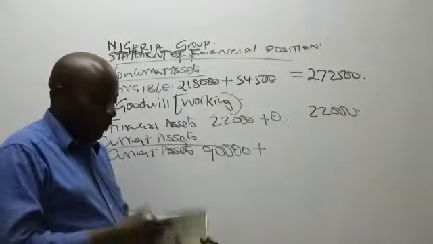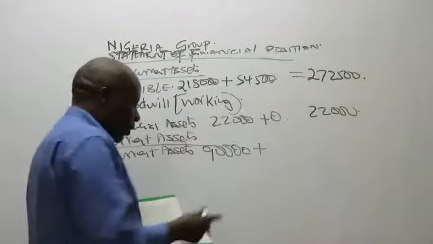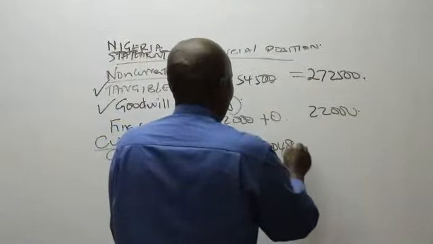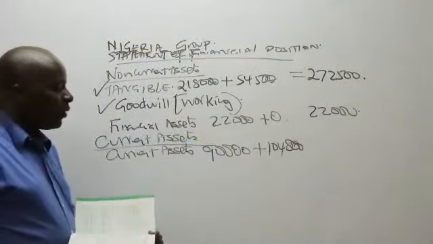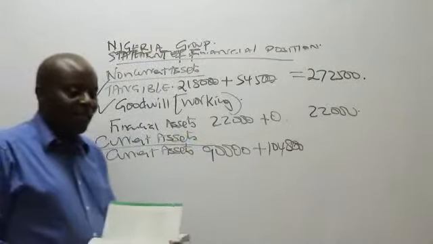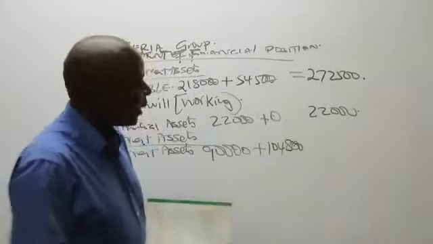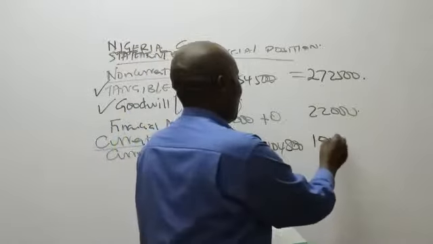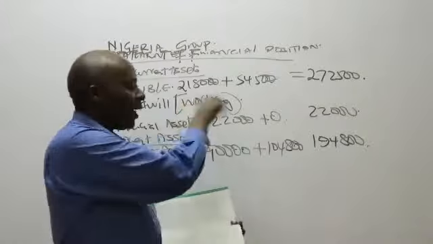Who can remind us that figure? 104,800. So the total figure here will be 194,800. Now remember, I'll be doing goodwill later.